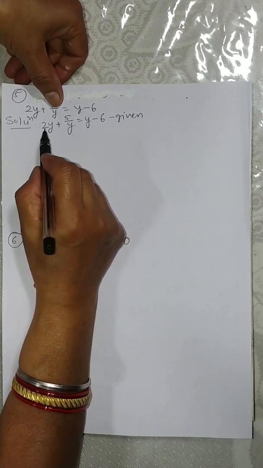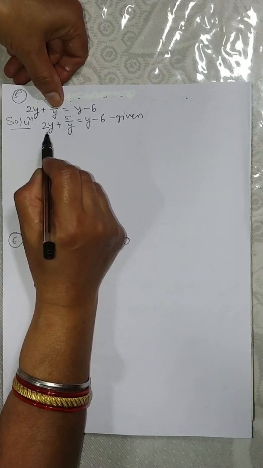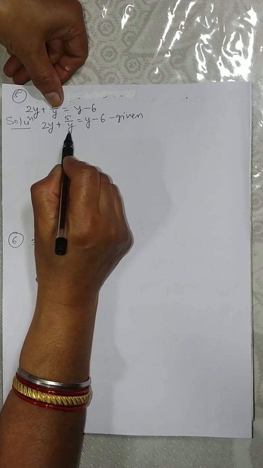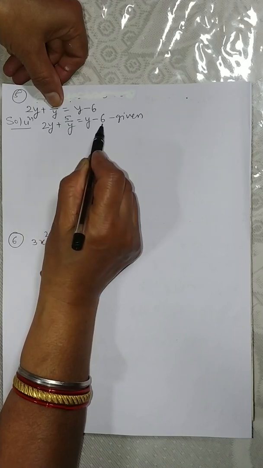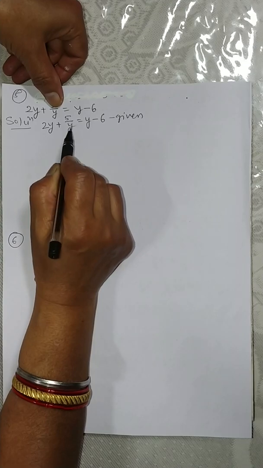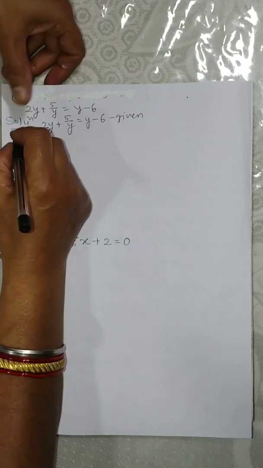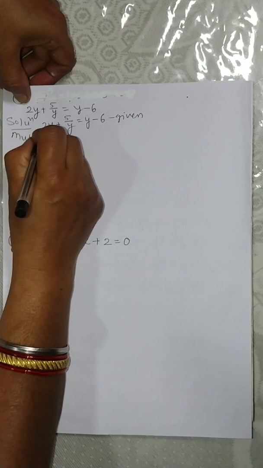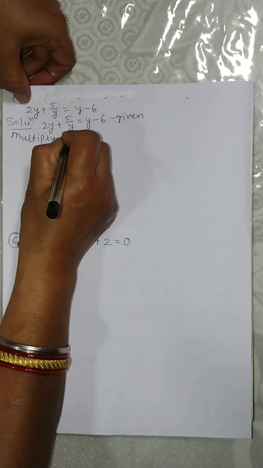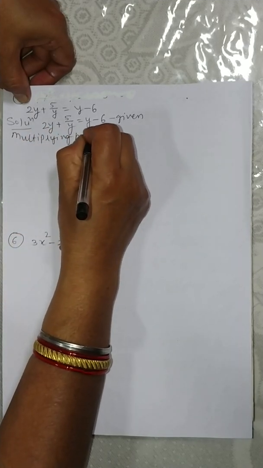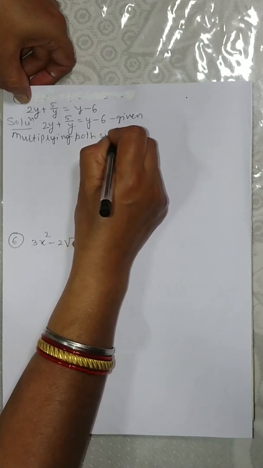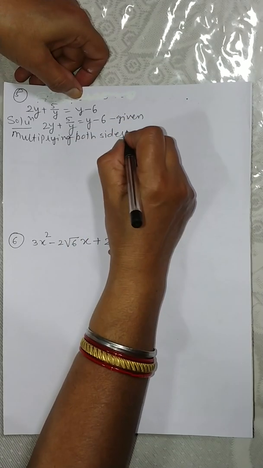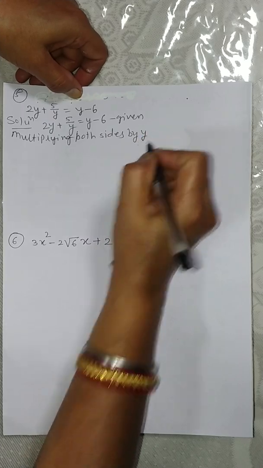Now here this is not a quadratic equation, but if we multiply both sides by y, then this will become a quadratic equation. So multiplying both sides by y.